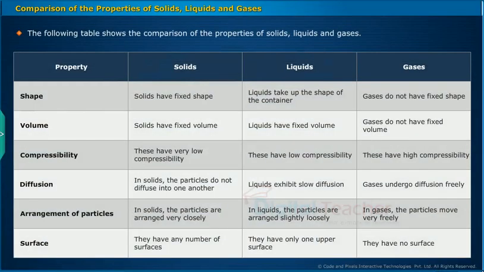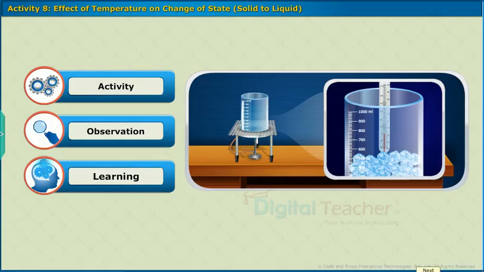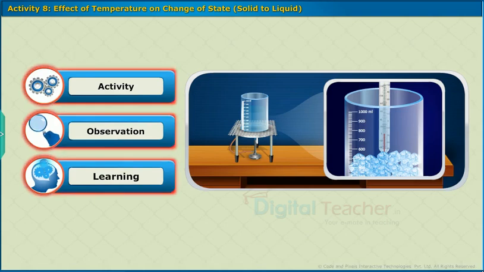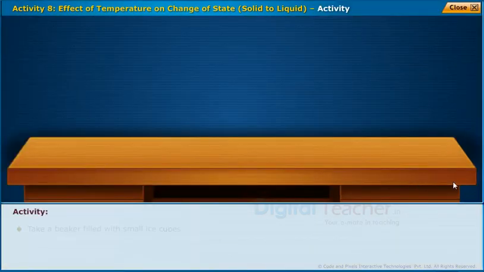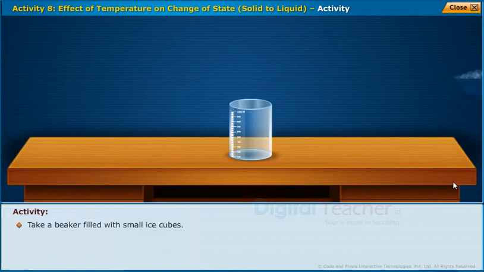The following table shows the comparison of the properties of solids, liquids and gases. Here, let us perform an activity to know the effect of temperature on change of state. Click each tab to know more. Take a beaker filled with small ice cubes.